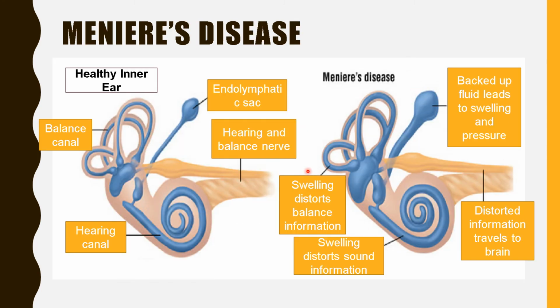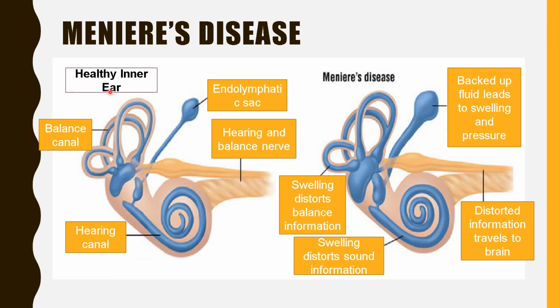Next comes Meniere's disease. In Meniere's disease, there is dizziness, tinnitus, ringing sounds in both the ears, as well as hearing loss. You can see the healthy inner ear structure here, and in Meniere's disease, the structures are distorted. There is a feeling of nausea in this also, and there are recurrent episodes of it.